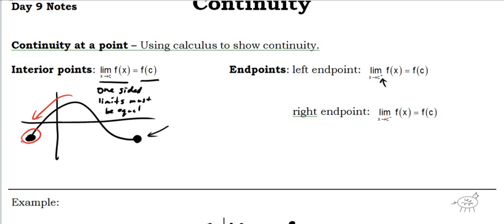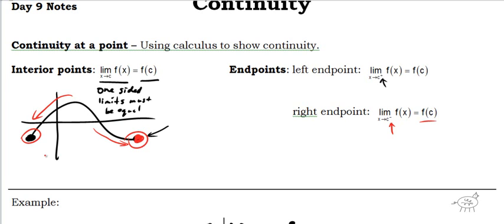Same thing for the right endpoint: I have to come from the negative side, meaning from the left, and that has to equal f of c as well. So for interior points, the two-sided limit has to equal f of c. For endpoints, you're only coming from one side, and it has to equal f of c.